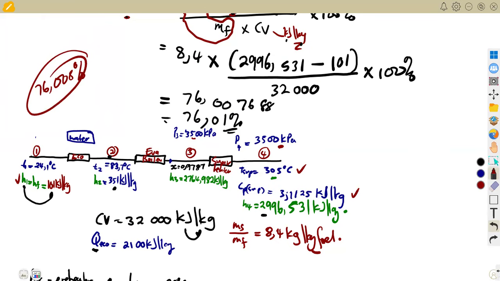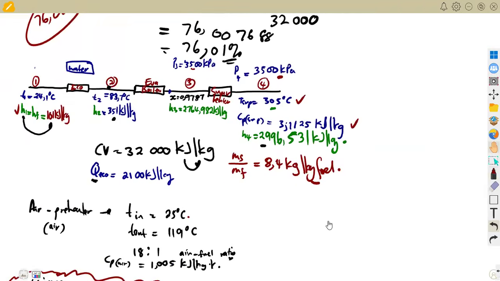All right, we might need this thermal efficiency later on, so let us just write it aside. So we got 76.01%. This is the one that you got, guys, because I'm rounding off to 2 decimal places. But as for me, like I said, 76.008 is the one that I got.